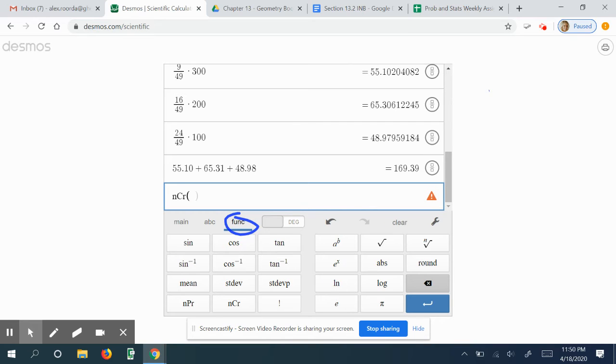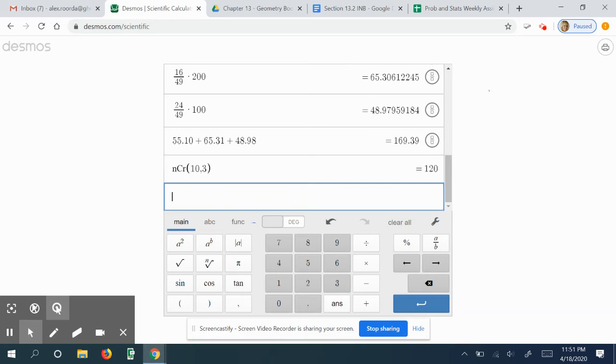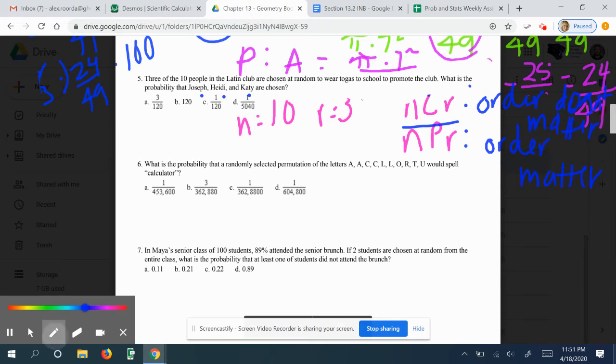N, our first number, we said was 10, comma, and then our R is going to be 3, because we care about 3 of them, okay? And so I do NCR, 10, 3, and I get 120. So what that means is the probability of these 3 getting chosen is 1 out of 120, which our answer would be C.